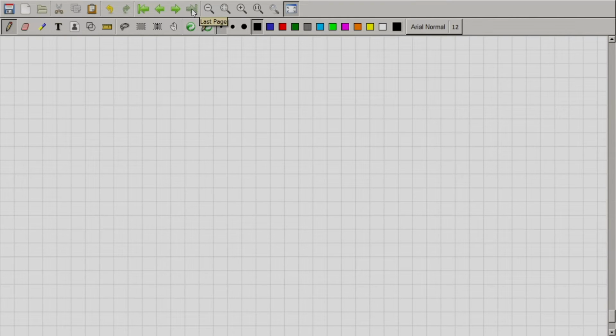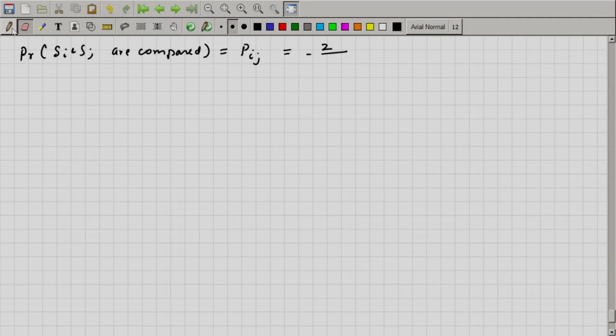So, the probability that Si and Sj are compared, which we denoted by Pij, is equal to 2 divided by j minus i plus 1.